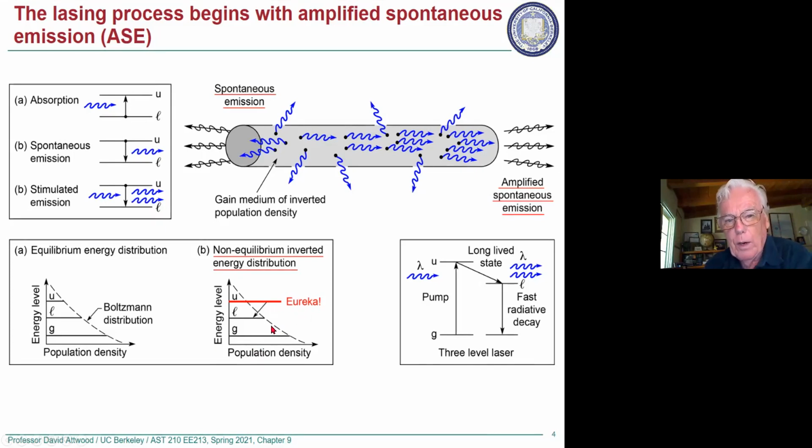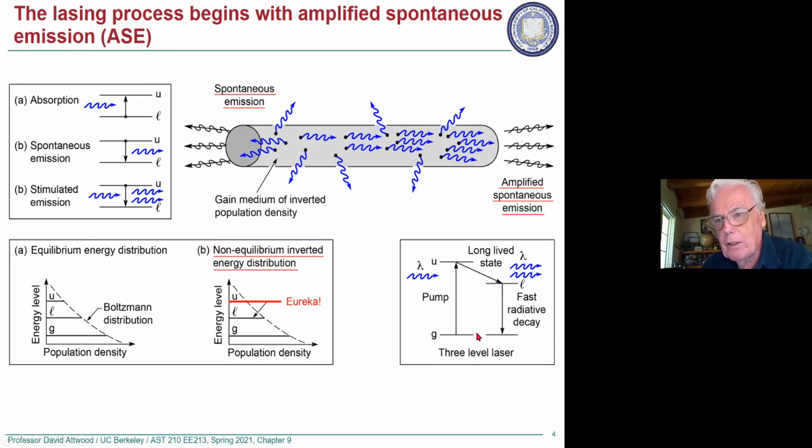You want to be able to excite this thing, putting energy in a way that you get more atoms in the upper level than the lower level. That's absolutely critical. Okay, so here's an example, however, that's going to bring up why you need a 3-level laser.